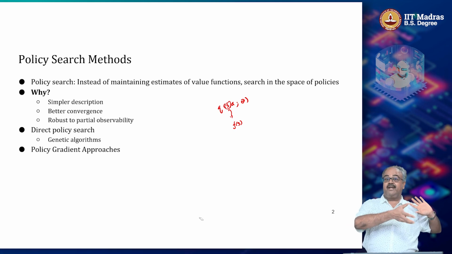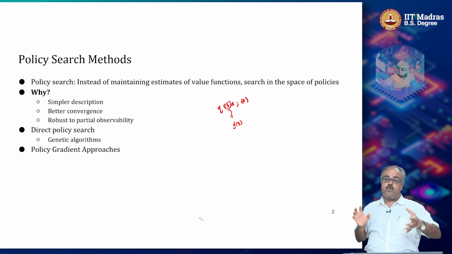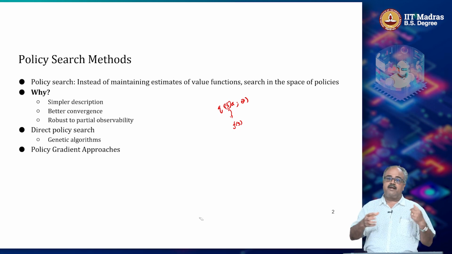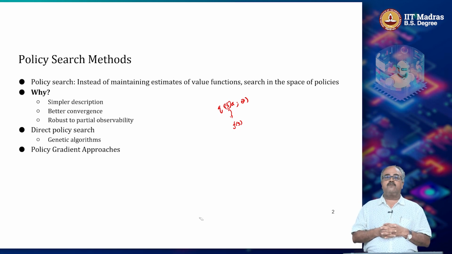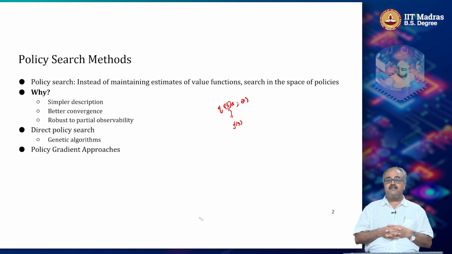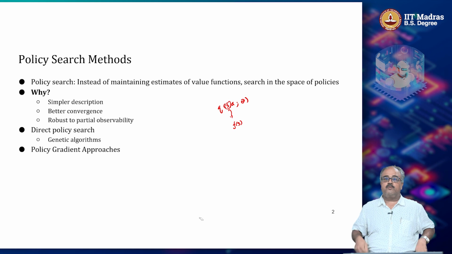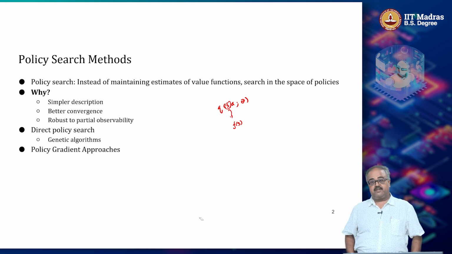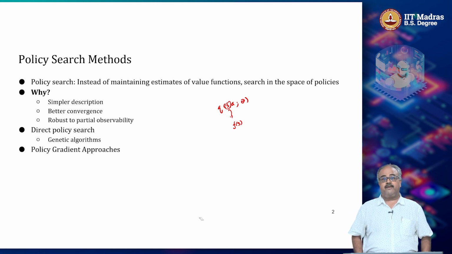We talked about how you can take a non-Markov state and make it more Markov by adding history, and by doing a bunch of other things. All of those are methods to handle partial observability. The thing with policy search methods or policy gradient methods is they are typically more robust to partial observability, the pure policy search methods, because they do not usually use a notion of value function.